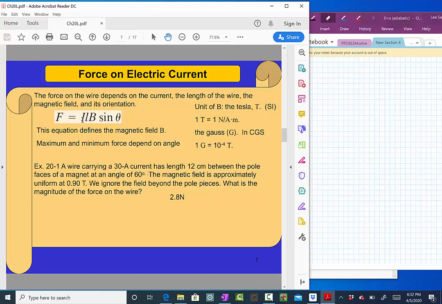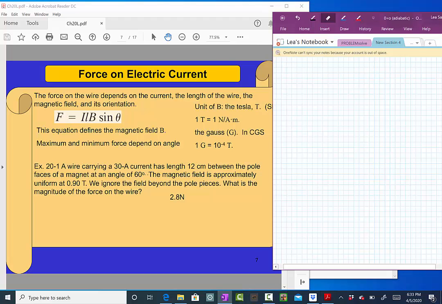If the current and the magnetic field are in the same direction, this is important, then the angle between them is 0. And then there is no force, no matter how strong the current and how strong the field is.